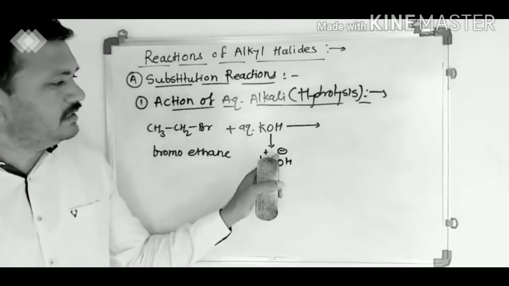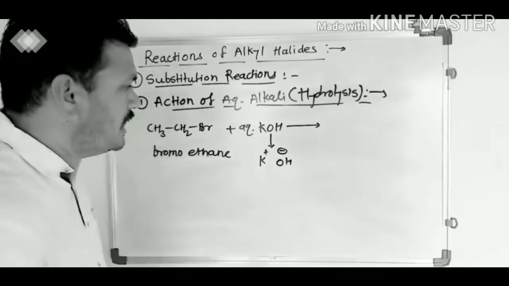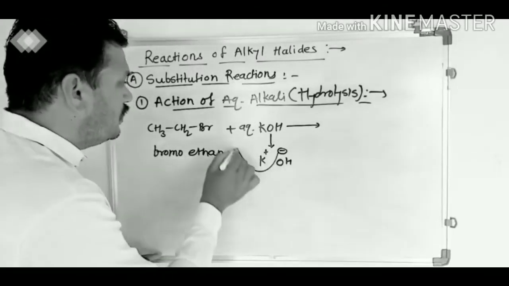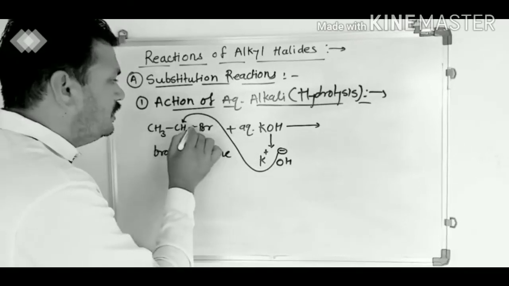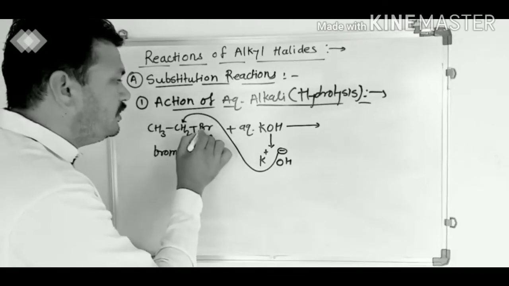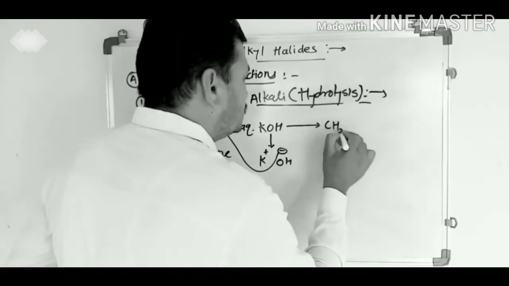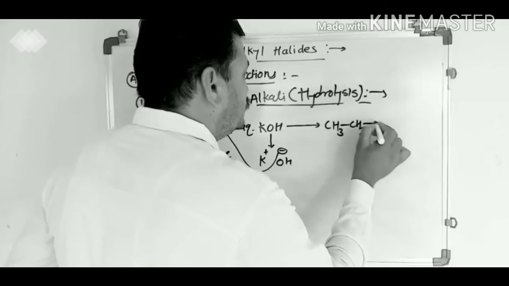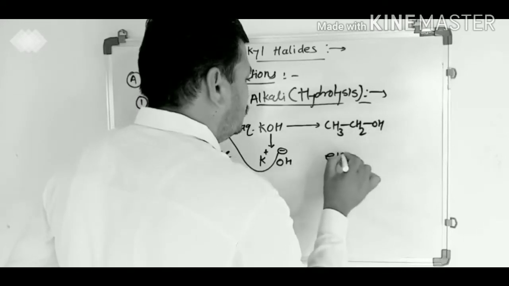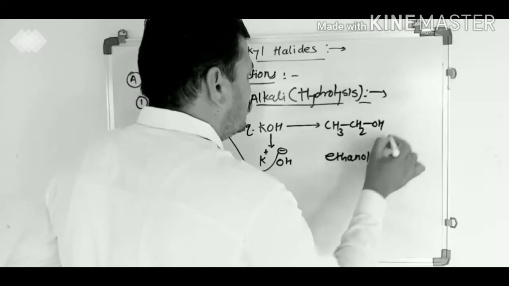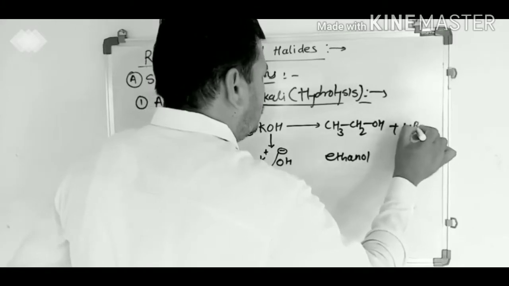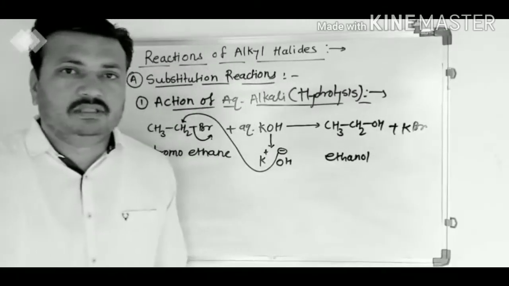This OH minus acts as a nucleophile and it attacks the electron deficient carbon, and removal of the leaving group Br minus takes place, and we get the product CH3CH2OH, ethanol, plus KBr as the byproduct.